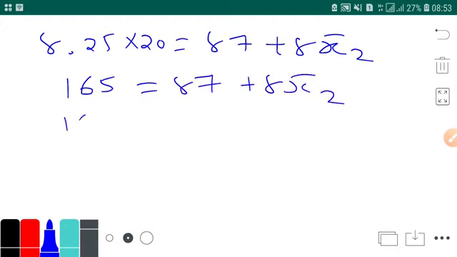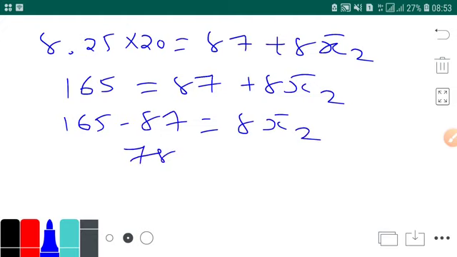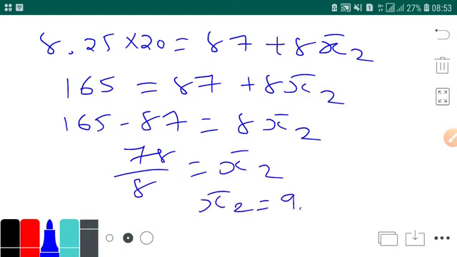Now 165 minus 87 is equal to 8 into x bar 2. 165 minus 87 is 78, so 78 upon 8 is x bar 2. So x bar 2 is basically 9.75. Your answer is 9.75.